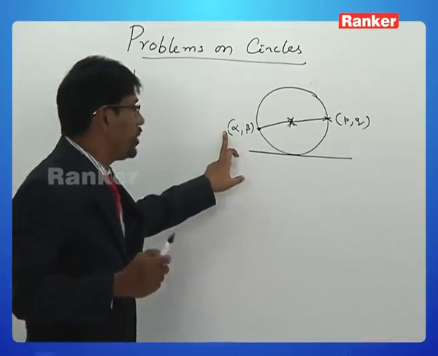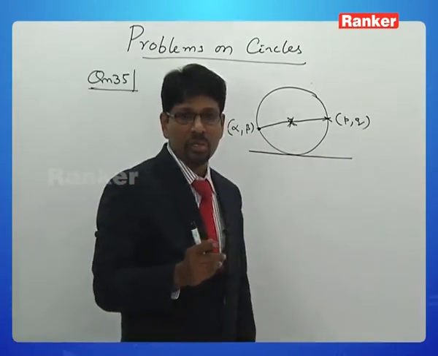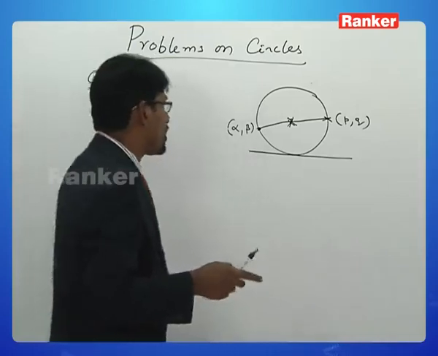We know, when you know two diametrically opposite points in a circle, what's the equation of the circle?